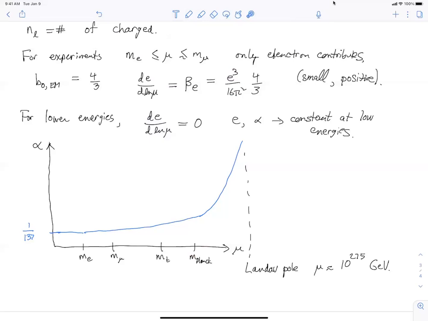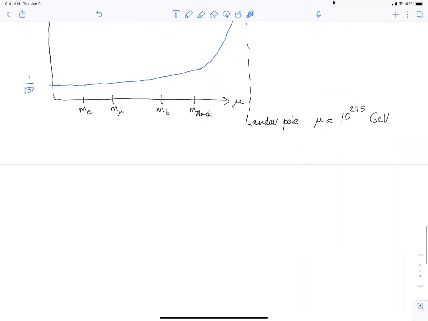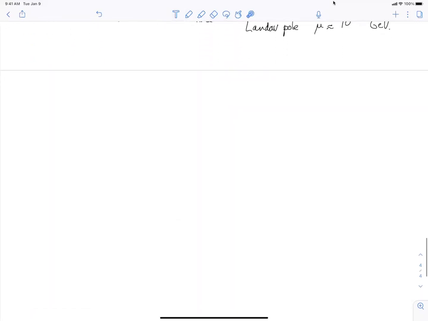All right, so let's go back to QCD for a little bit. And we're going to talk next about another process. We talked about quark-quark scattering, and now let's talk about gluon-gluon scattering. And this is mostly just to give you an idea of how it goes for gluon-gluon scattering.